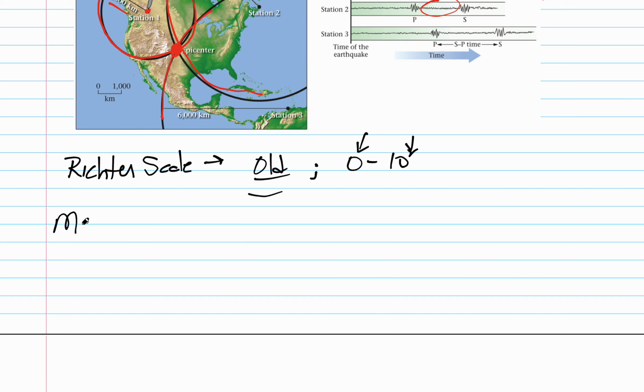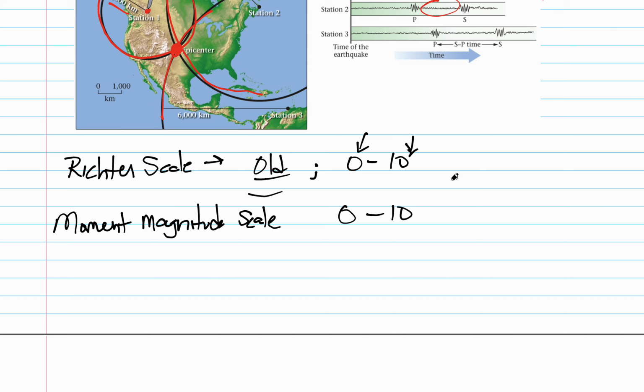Nowadays, we use a scale very similar in name, and it's called the moment magnitude scale. The moment magnitude scale also is a measure of the amplitude of the earthquake that ranges from 0 magnitude up to 10, and 10 would be a huge disaster.